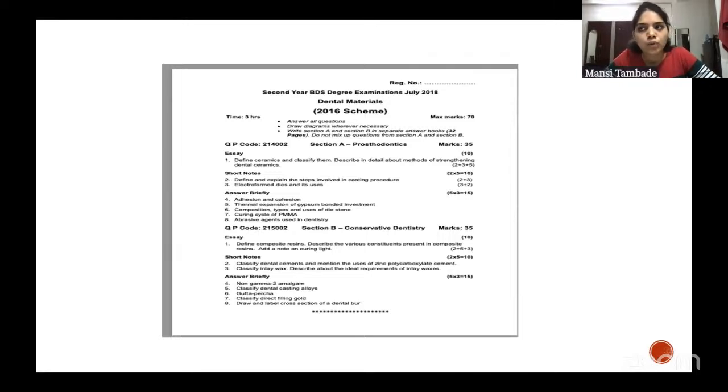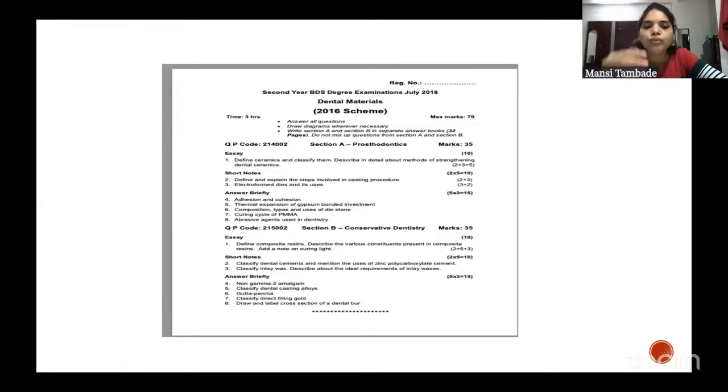In the indirect technique, we make the wax pattern, and then the wax pattern is taken out with the help of a sprue. A sprue is like this: suppose I am eating something and the food is on my plate. The plate is the cast, the food is the wax pattern, and to eat it you need a spoon, and only then can you take that food and eat.